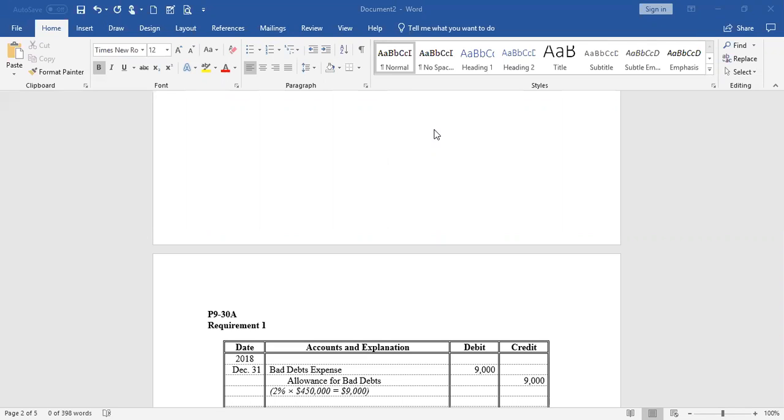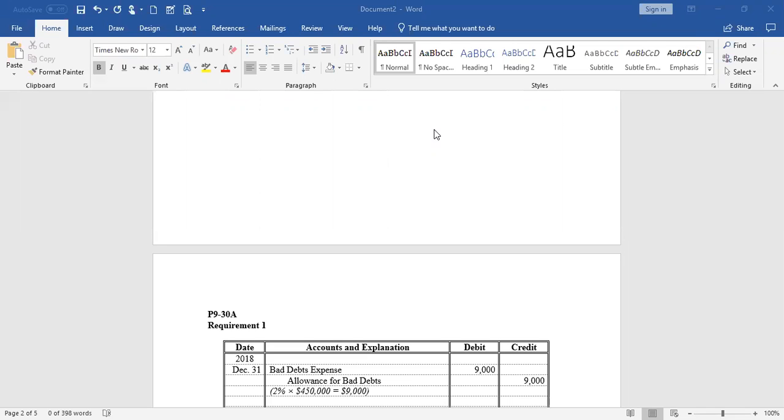We know based on past history that we will not collect all of our accounts receivable. We don't know who's not going to pay us, because if we knew that, we would have never sold to them on account to begin with. But we just know things happen. The world isn't perfect. So we estimate, based on past history, how much we probably won't collect.